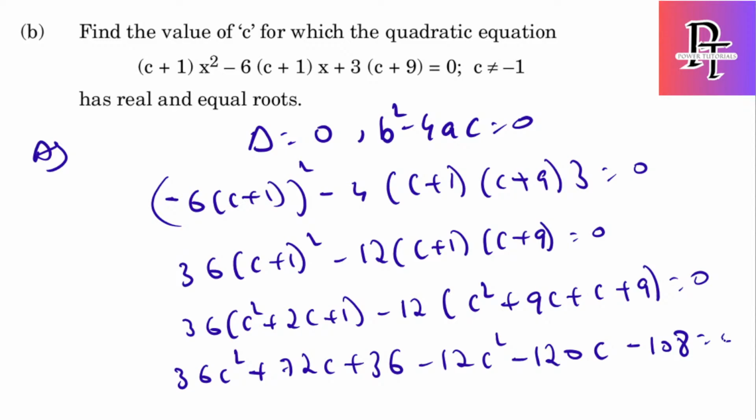So 36 minus 12, 24c square; 72 minus 120 is minus 48c; 36 minus 108 is minus 72, is equal to 0.